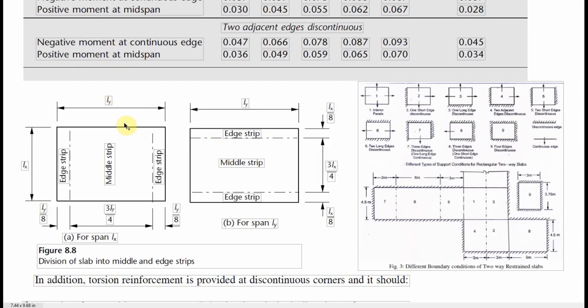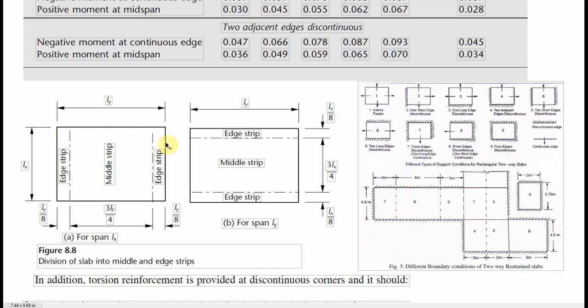You can see this is an illustration of the span, the slab, and the edge. Now the way the distribution of reinforcement is, we have the edge strip, we have the middle strip, and the edge strip also. For the edge strips, that is 1/8 of the total span, 1/8 of the total span here. So here we have 3/4 of the total span. So the reinforcement is distributed in this manner.